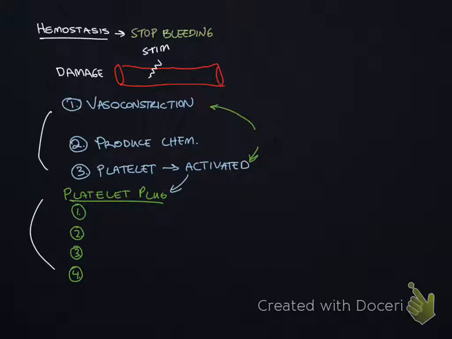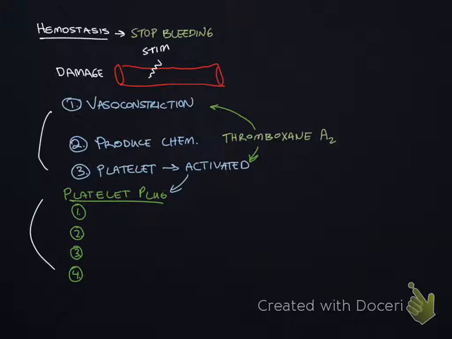Okay, so we get vasoconstriction or a myogenic response. Myogenic response refers to the smooth muscle in the blood vessels constricting. Okay, the smooth muscle constricts, and that's due to a chemical called thromboxane A2. That chemical may be familiar to you from our previous chapter.